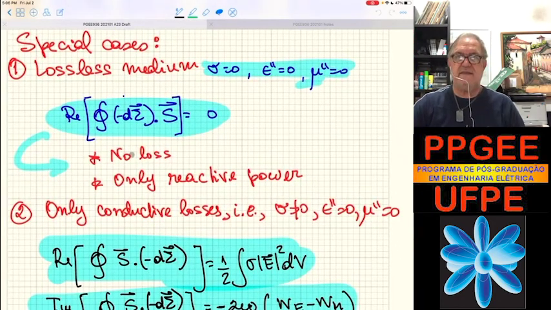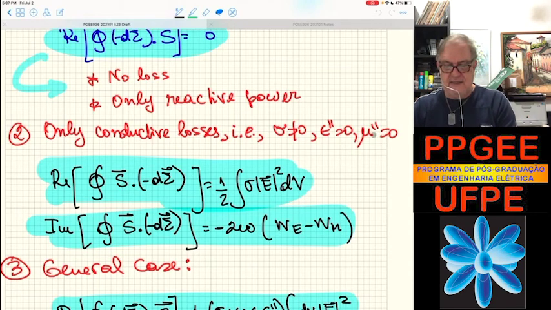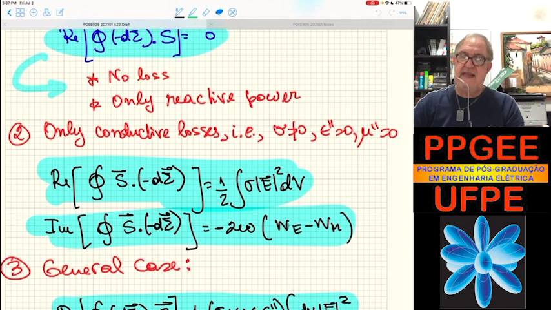What enters leaves the volume. So you have only reactive power, okay? If you only have conductive losses and no dielectric or magnetic losses, then you're going to have only that term due to Ohm's law, right? So you're going to have that, and the energy is going to be entirely real, right? You don't have any complex number here. This WE and WM are real.